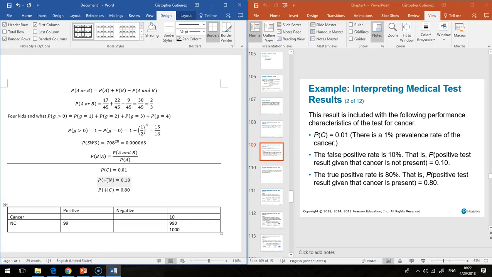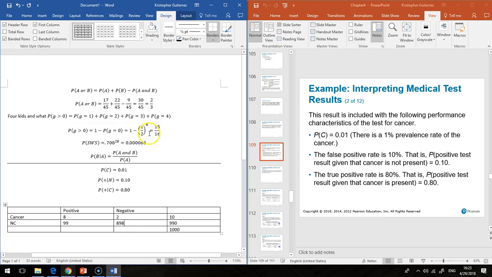Now, of those who have cancer, 0.8 times 10 is 8. That leaves 2 here, and that leaves 891 there. We get that from the conditional statements.